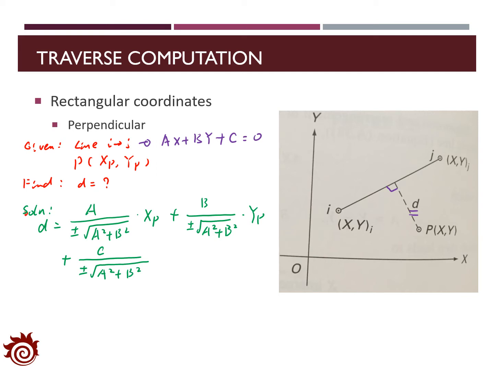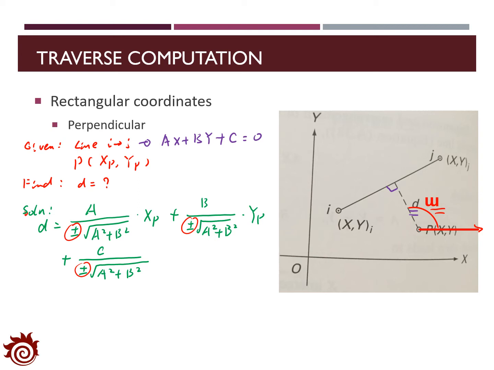Here you will see that the three coefficients in the equation all have the uncertain sign plus minus, and we need to identify the sign for each coefficient. In order to identify the sign, we need to know the angle between the perpendicular line, which is the line from the point P to the line ij, and the perpendicular line to the horizontal line, which we define as omega.